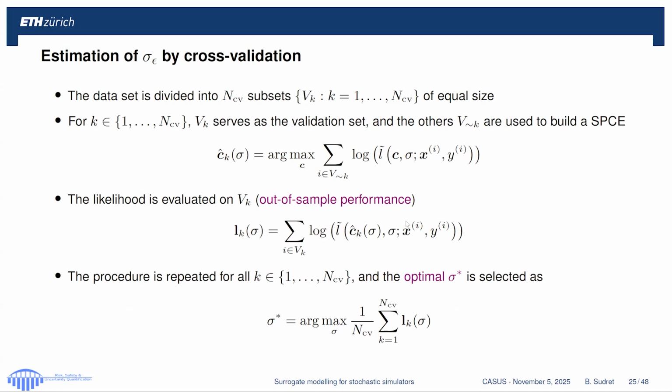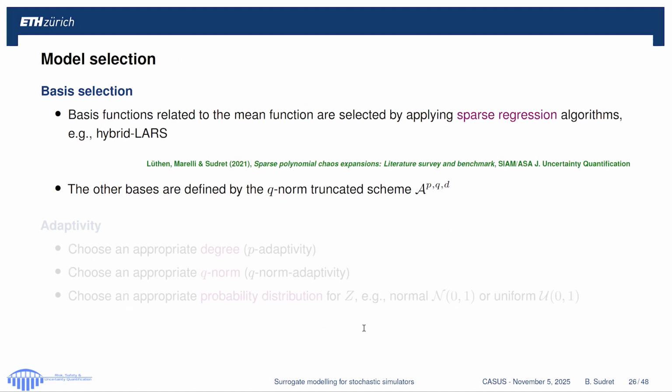So now we have substituted the solved coefficients. And so this here, in the end, is a kind of measure of how good the model is given sigma. So then we can optimize in just 1D what is the best sigma to use. So it's a number of steps, but in the end, it uses classical tools from statistical inference.